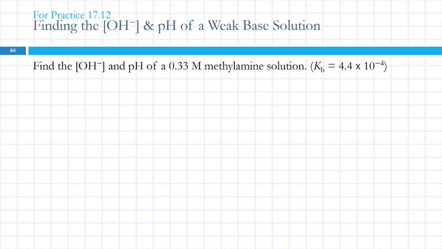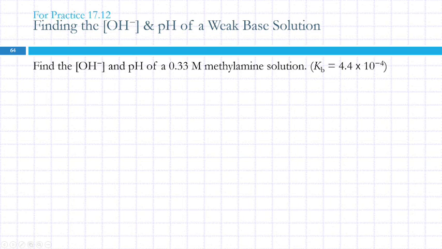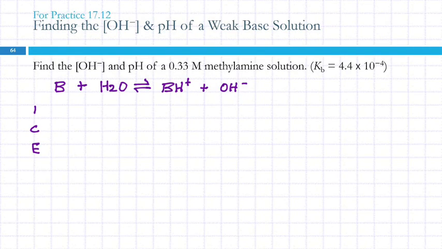So we're going to need an ICE table. First we're going to choose a pen, because that works better. B, our base, plus water. It's a weak base, so it's an equilibrium. And so we're going to fill in the initial line.